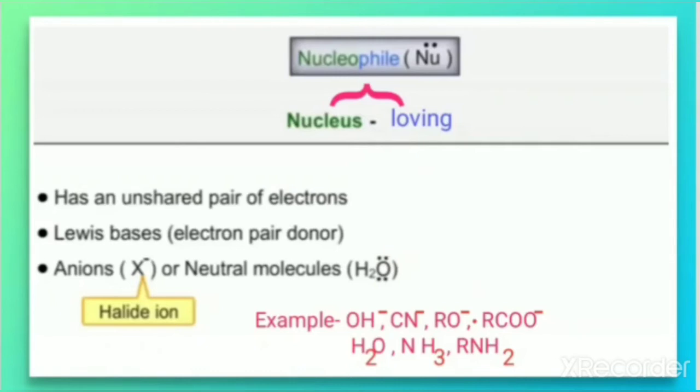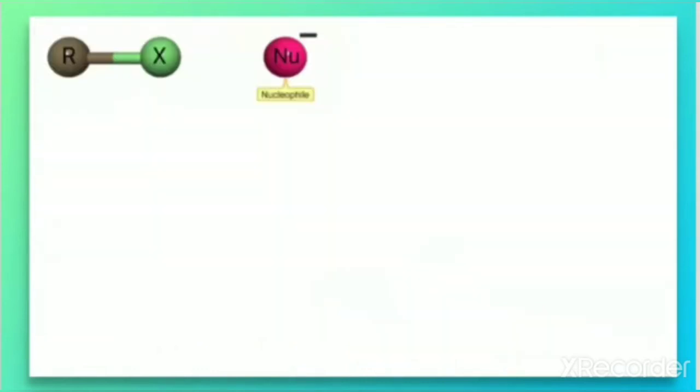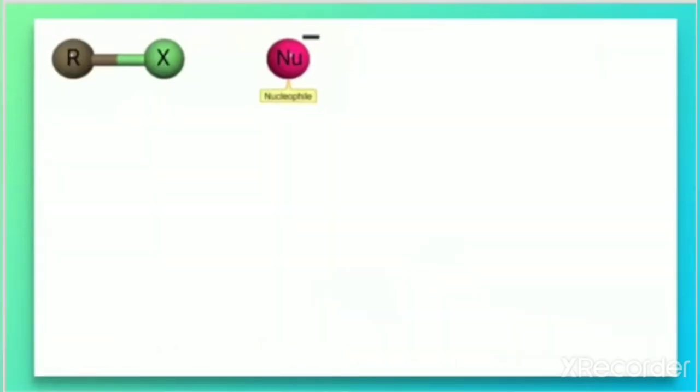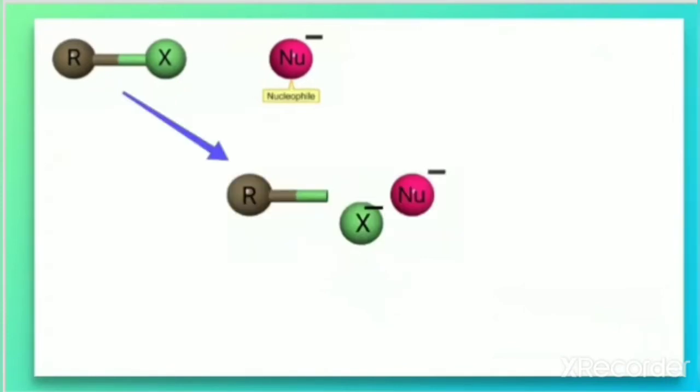Let us see how the nucleophilic substitution reaction takes place. When a nucleophile approaches near to an alkyl halide, at that time the C-X bond in the alkyl halide breaks. Because of this, the leaving group, that is X, is displaced with the bonding electrons.